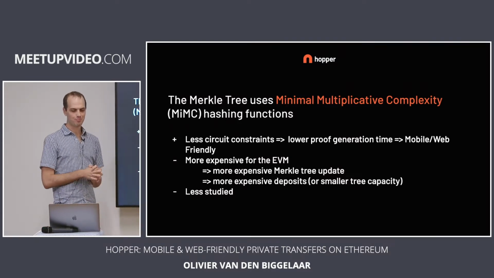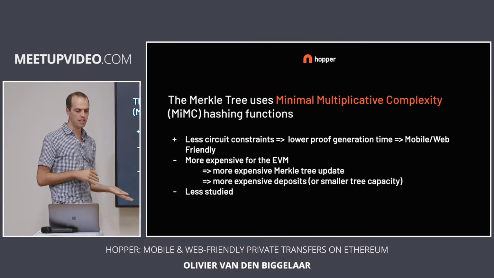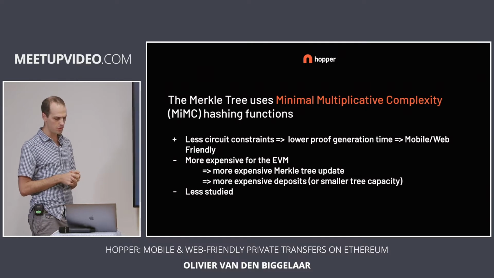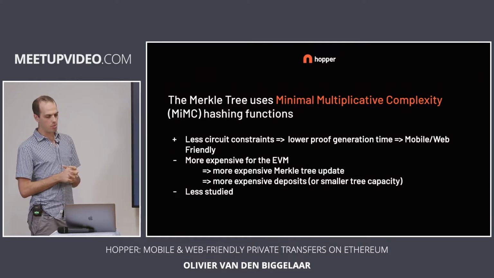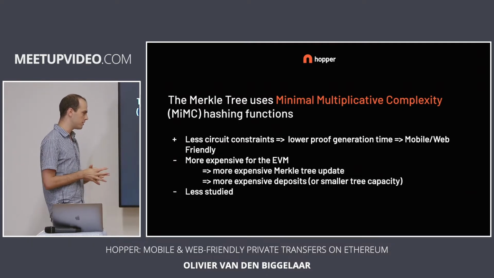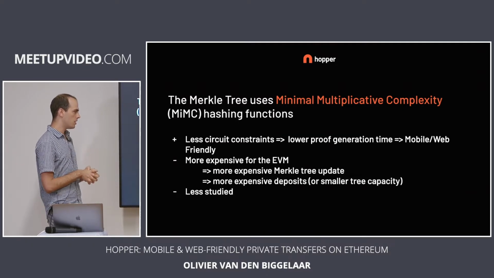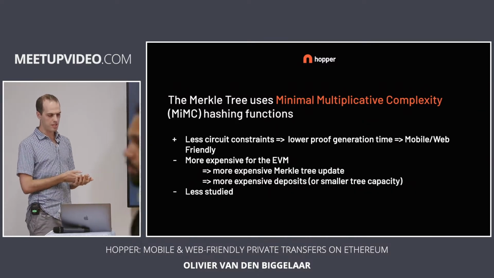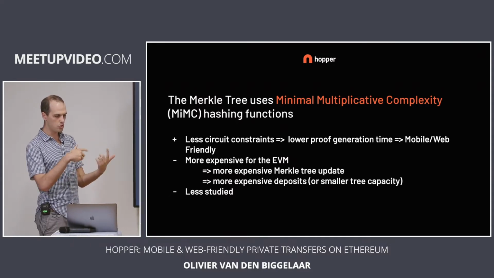Right. So thanks to MIMC, you get fewer constraints in your system, so the generation of the proof is faster. But then the drawback is MIMC is a lot less efficient on the EVM than SHA-256 is. So it actually costs quite a bit to perform a deposit, because when you perform this deposit, the smart contract will update the tree on chain.